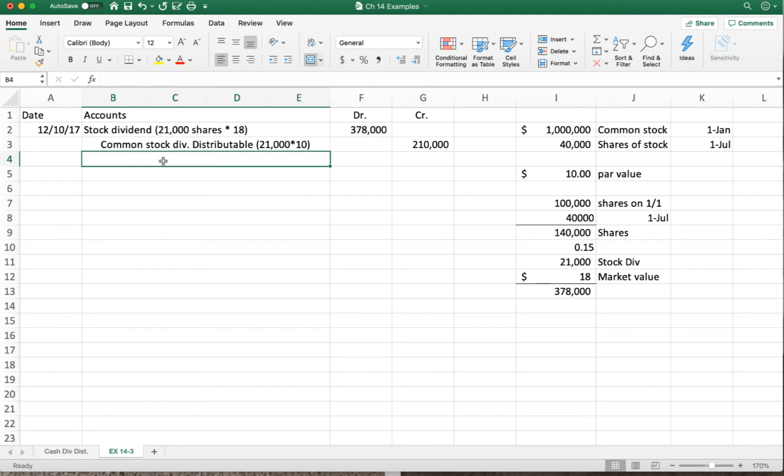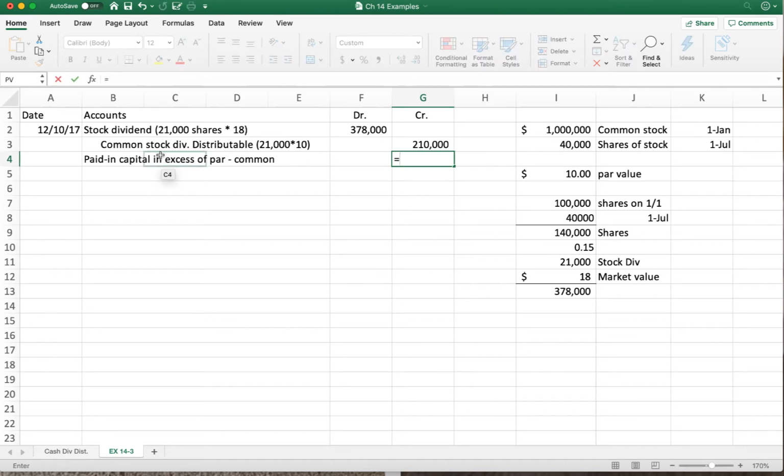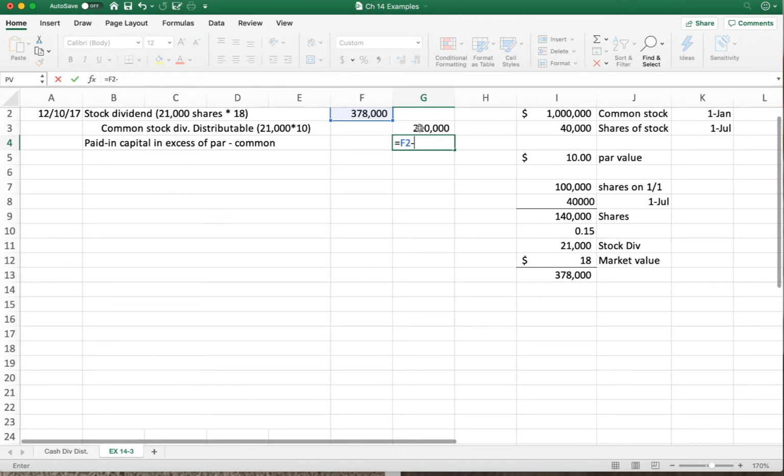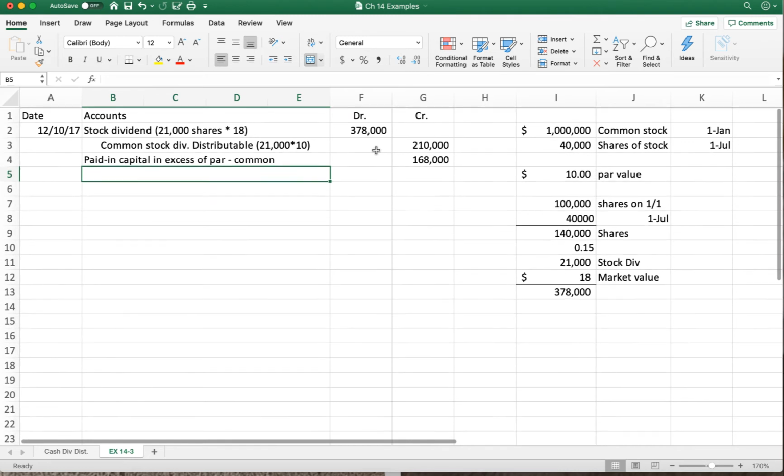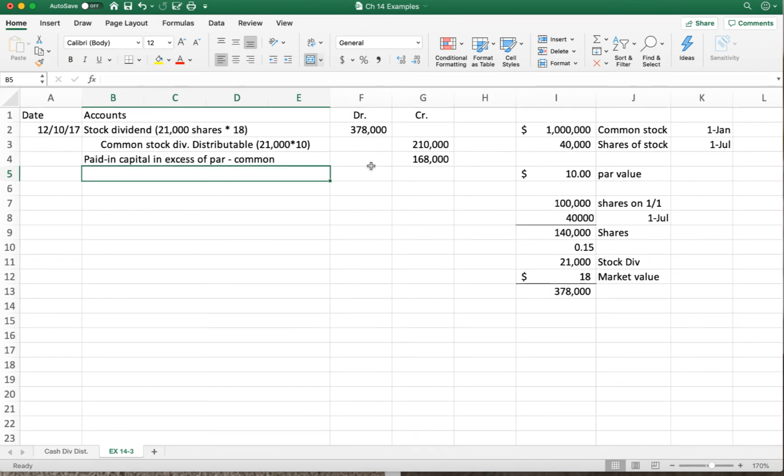The difference between the two has to be the paid in capital in excess of par common. And that's going to be the difference between the two, right? $168,000. So now our debits and credits equal. We're good to go, okay?